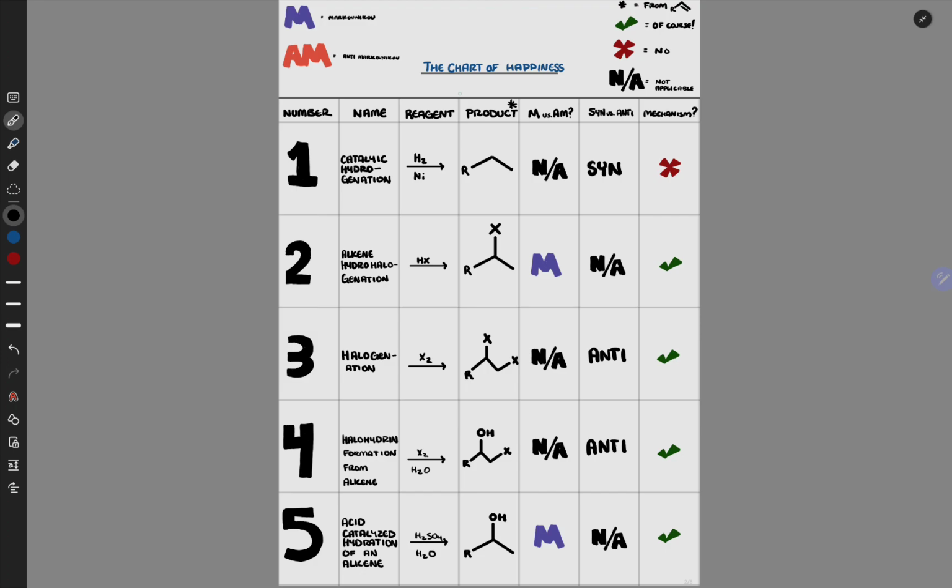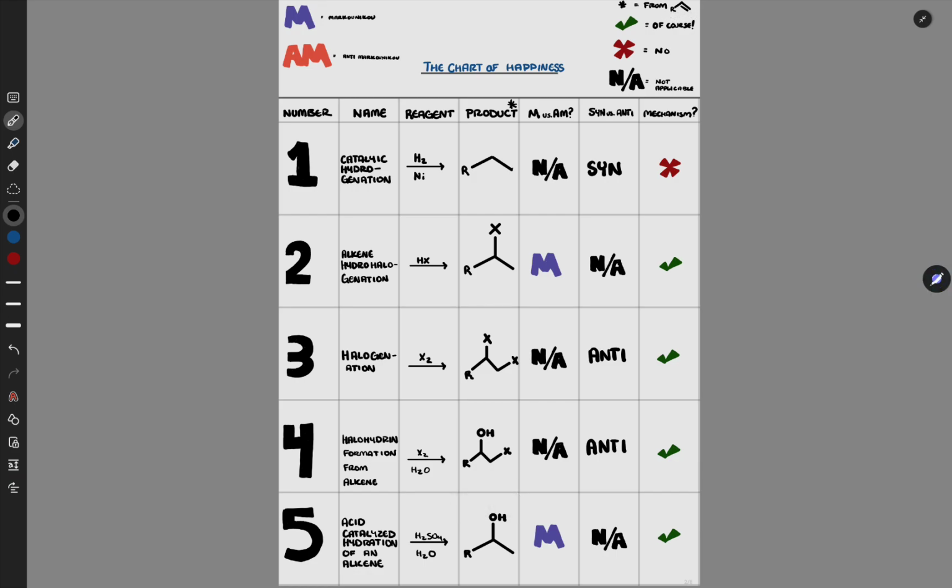Alrighty, so looking at the chart of happiness key real quick, we can see that the asterisk that's above products is related to this right here. I'll draw that arrow better. So that asterisk just shows that we are taking our products from the reactant of this alkene. It's an alkene connected to an R group.